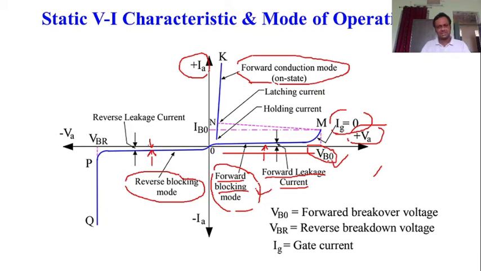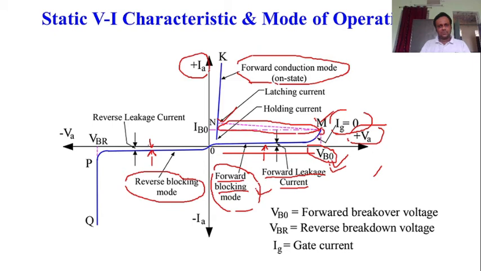If this much voltage is applied across the switch, it can conduct. It suddenly goes from point M to point N. It cannot stay in this region.